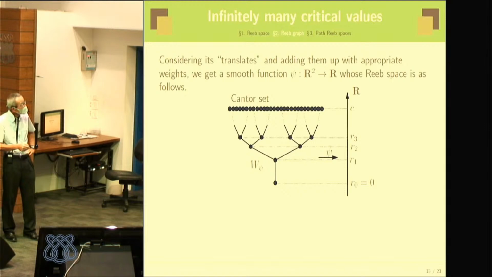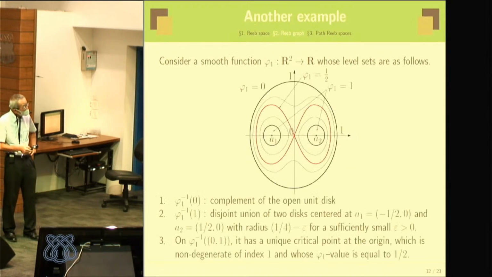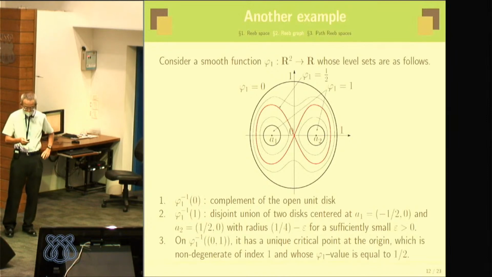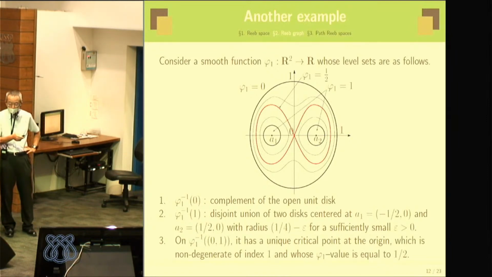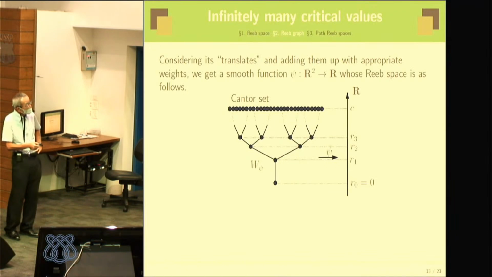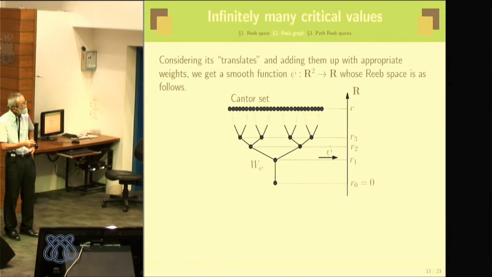Here you have just 1 point. This means that the 0 level set is outside of the disk, so it is connected. So when you consider the Reeb space, it is just 1 point. This one corresponds to the saddle point, and at the saddle point you have 2 mountains. For each mountain, you have 2 small mountains like this, and then you take the limit.